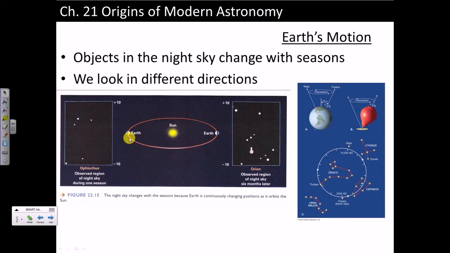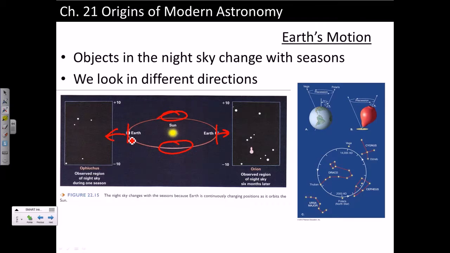And that's because this part of the Earth is dark, and it faces a different direction in the galaxy, and this one is also dark, and it faces a different direction in the galaxy. So we don't see the same parts of the night sky constantly throughout the year, although we do see quite a bit of overlap as we move through these shorter, or what we call minor, axes in our rotation.